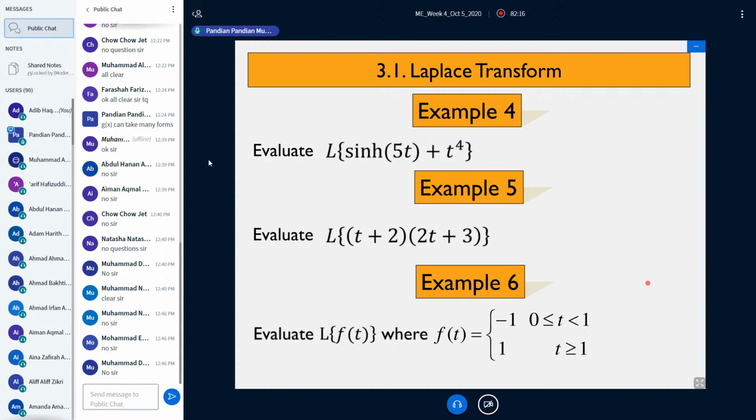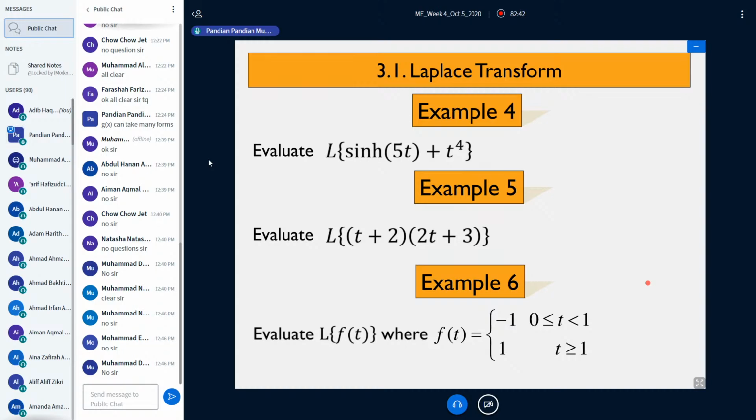So this is an example. Example: sinh 5t plus t power 4. Find the Laplace of sinh 5t plus t power 4.